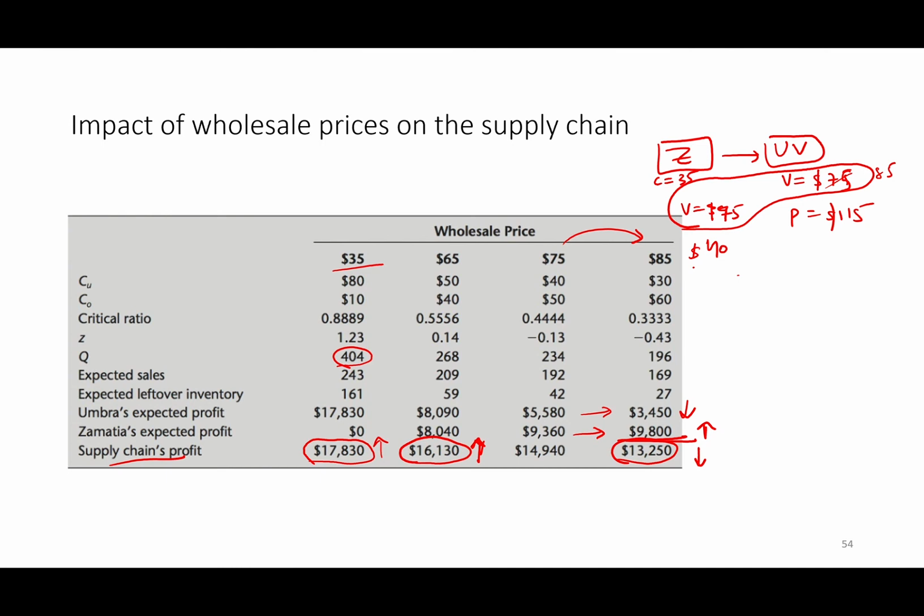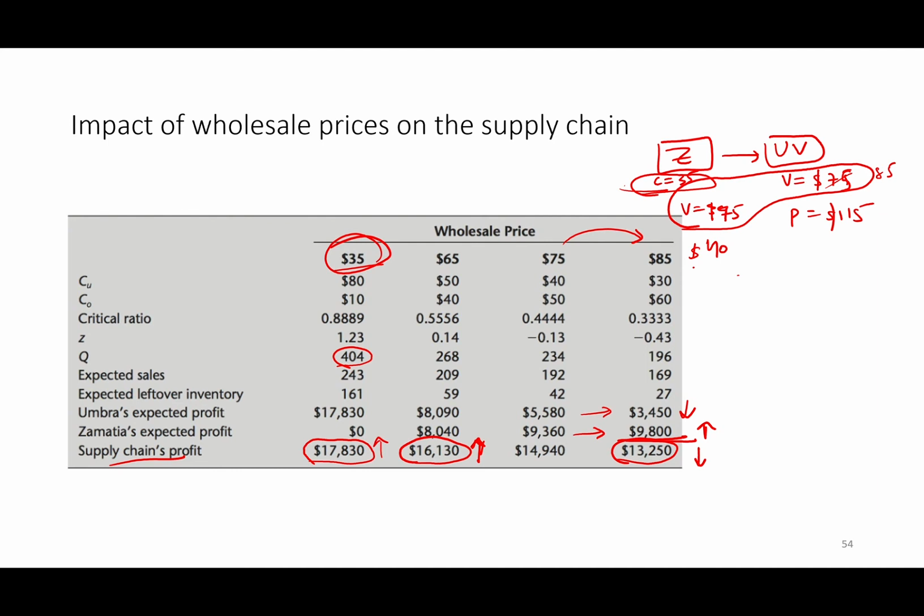So what's the absolute minimum wholesale price that it can charge? The absolute minimum wholesale price that Zematia can charge is $35, right? Because it costs them $35 to make that product. Of course they're not going to sell it for less than $35, because then they'll be making a loss on every item that they sell.